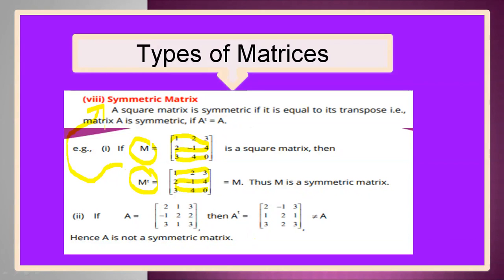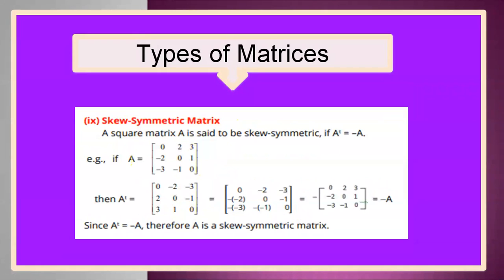If you make the transpose, it does not go through any change. So how is it symmetric? It remains the same while you are changing the rows into columns. So a square matrix is symmetric if it equals its transpose. Symmetry from everywhere.